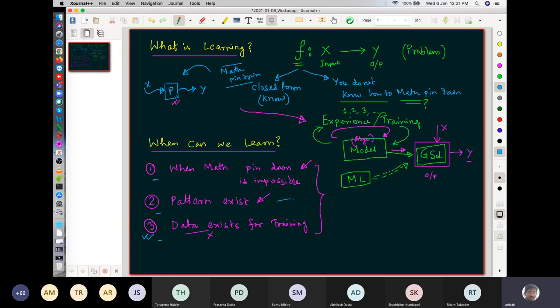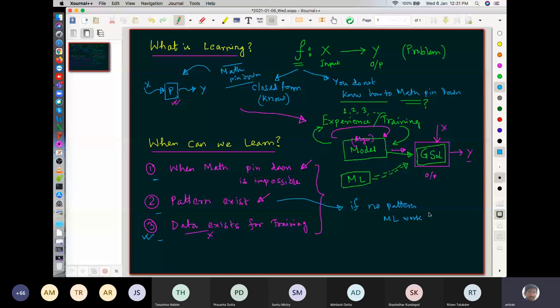So this is a very interesting observation, that if no pattern exists, so by no pattern, I am not saying it's totally random, but it's a wide variety and you cannot put it down in terms of a pattern, then also your machine learning will work.